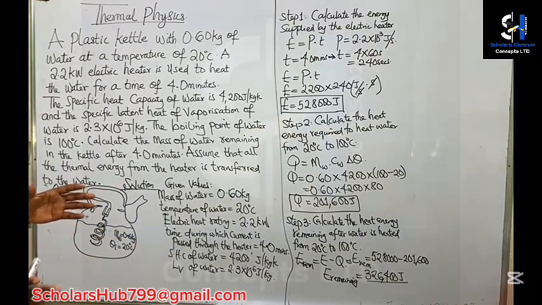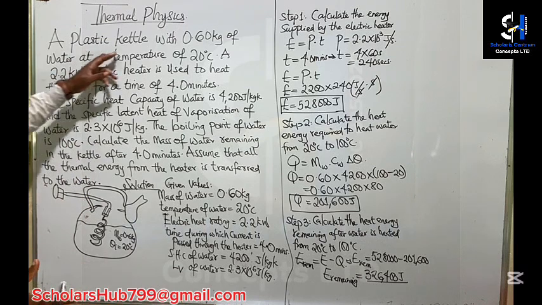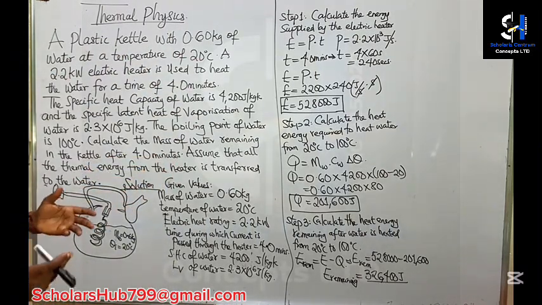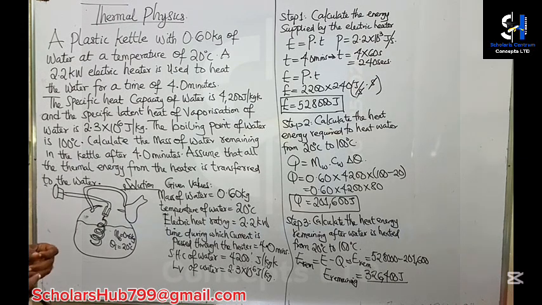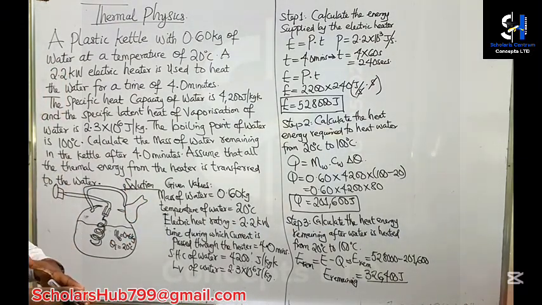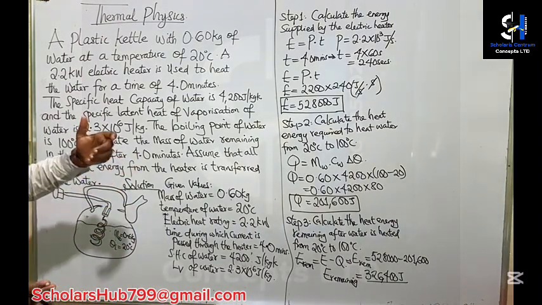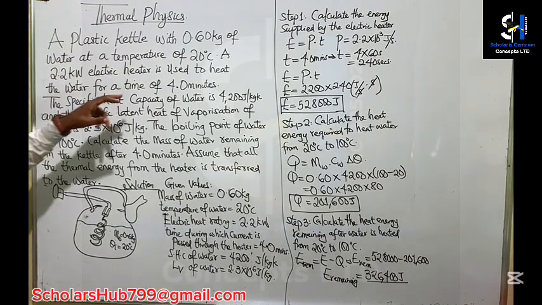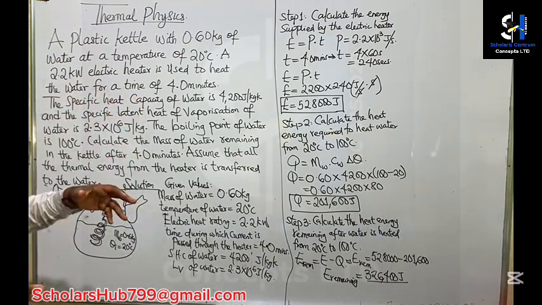All right, so now we have a plastic kettle with 0.60 kilogram of water at a temperature of 20 degrees Celsius. So the initial temperature of water is 20 degrees Celsius, and the mass of water is 0.60 kilogram. We have the electric heater rating of 2.2 kilowatts, used to heat water for a time of 4 minutes.